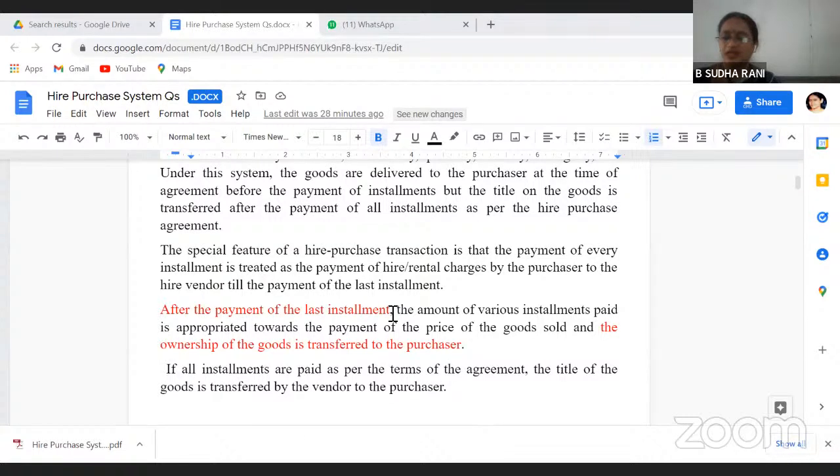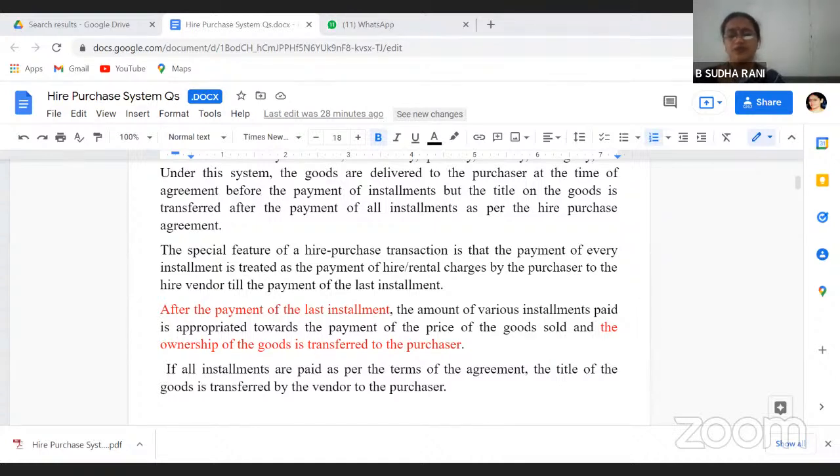After the payment of the last installment, the amount of various installments paid is appropriated towards the payment of the price of the goods sold and the ownership of the goods is transferred to the purchaser. So once he pays all the installments, whatever amount of installments he paid will be adjusted and appropriated towards the price of the asset, and then the ownership of the asset is transferred to the purchaser.